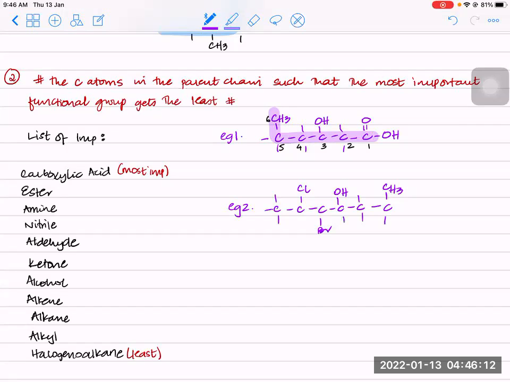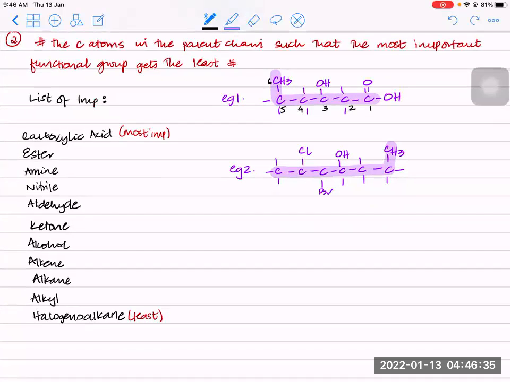All right. So let's see this. You first pick the longest carbon chain. The longest carbon chain right here, you can see is 1, 2, 3, 4, 5, 6, 7 carbons. Now, pick the most important functional group. Alcohol here is the most important because halogenoalkanes have the least importance.